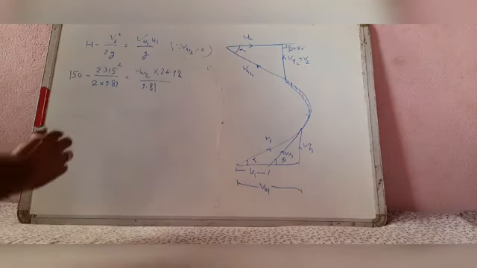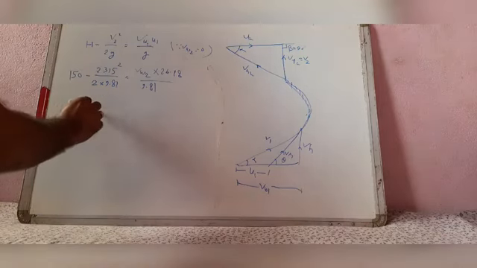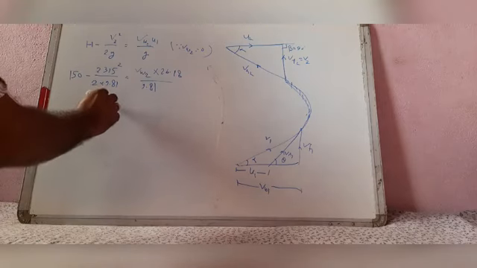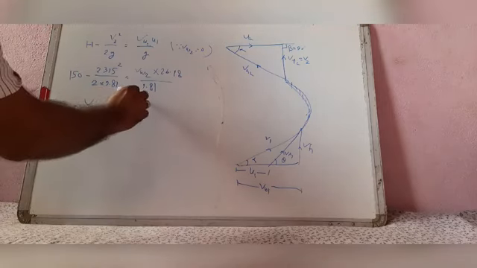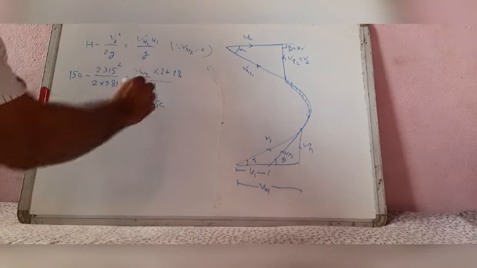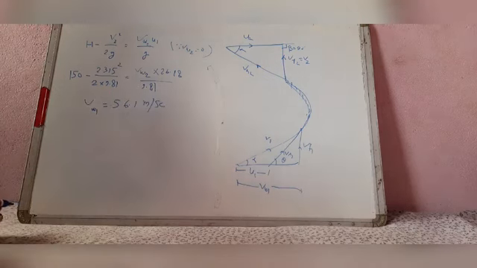So from here the value of VW1 comes 56.1 meter per second.